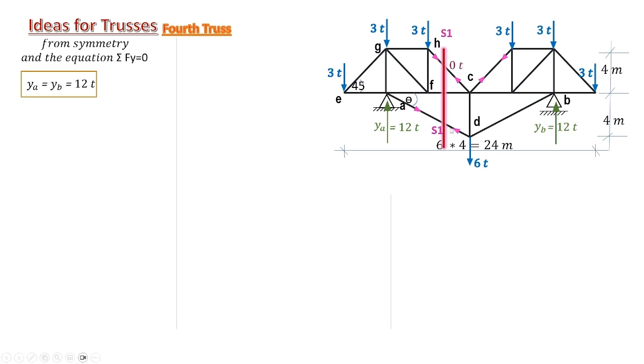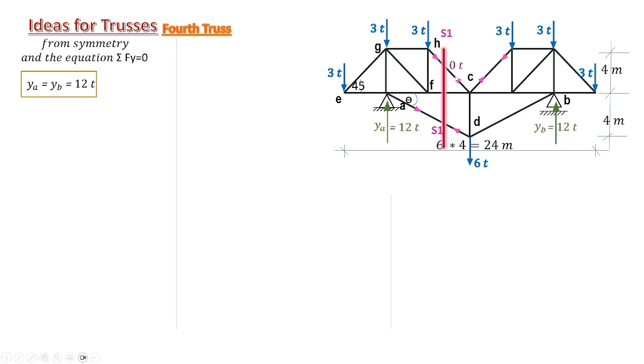This section passes by, or cuts, 3 members: HC, FC, and AD. We need an equation that makes us get rid of 2 unknowns to keep us with 1 unknown in one equation.